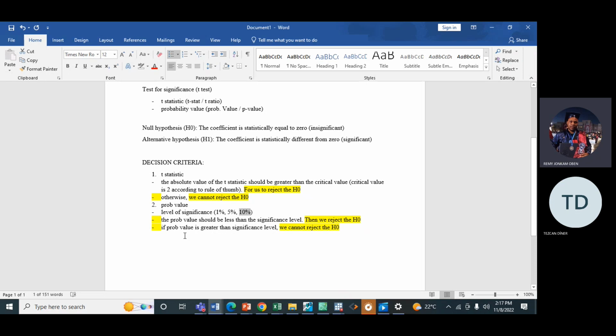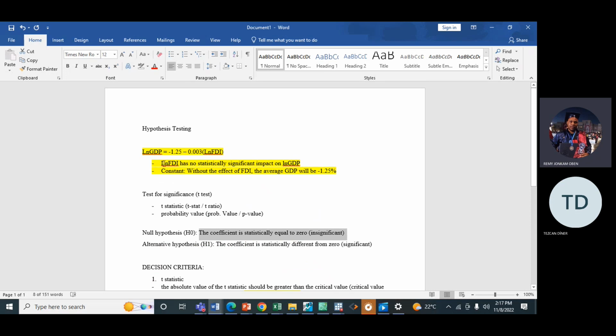Therefore, we cannot reject, because if probability value is greater than significance level, you cannot reject. So for the slope coefficient, we cannot reject the fact that it is insignificant. Therefore, we cannot interpret the slope coefficient. We just say that it has no statistically significant impact.